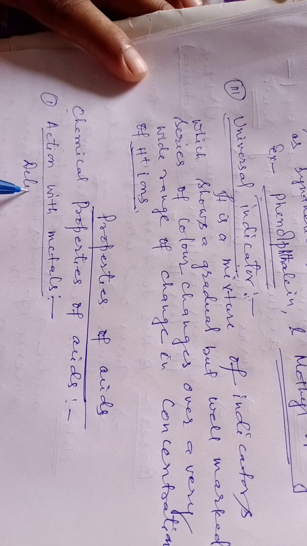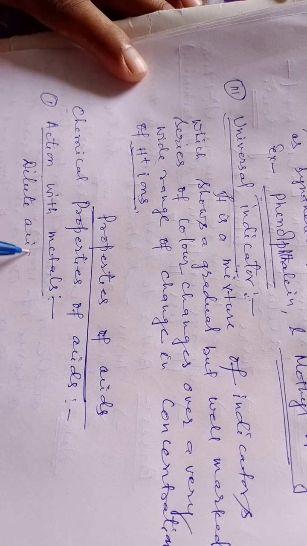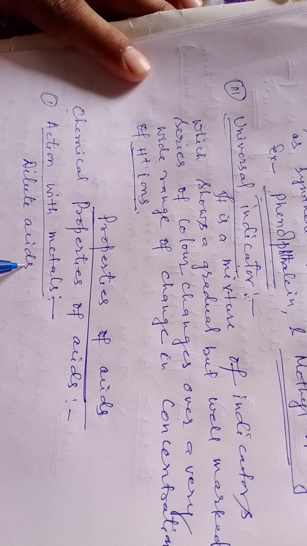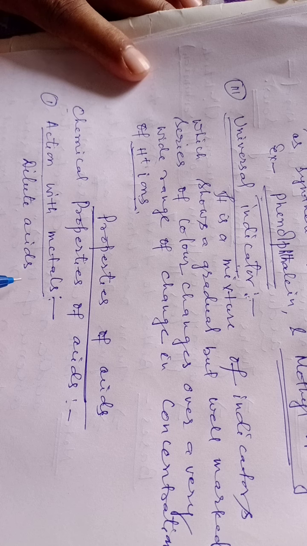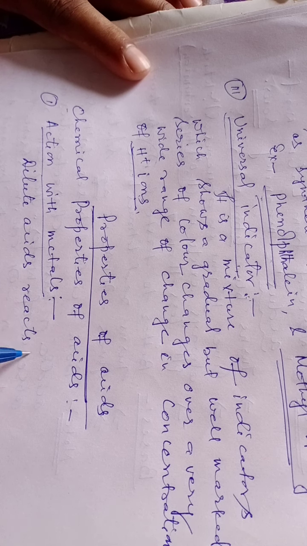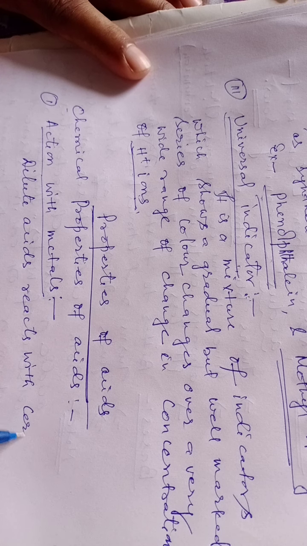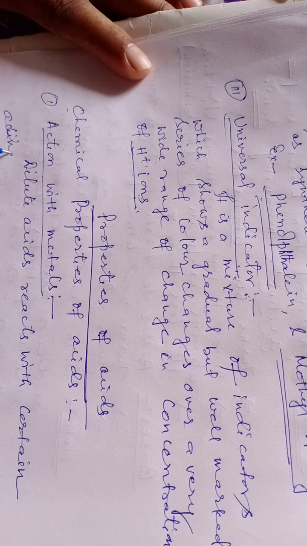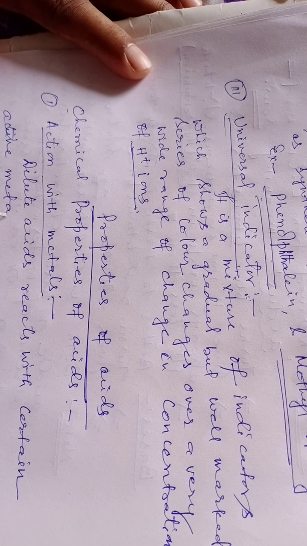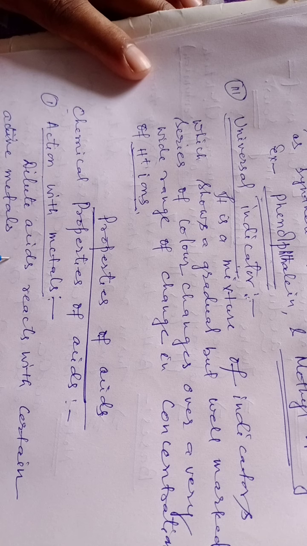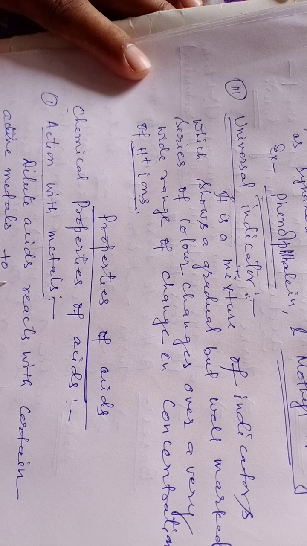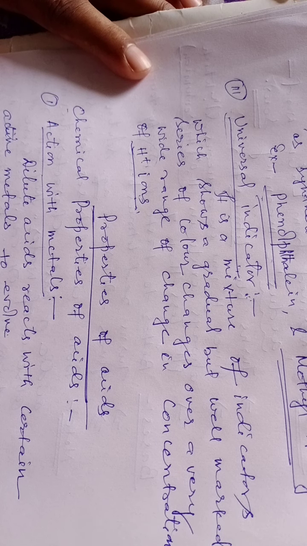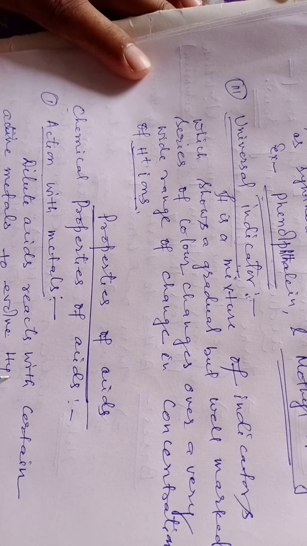Dilute acids react with certain active metals to evolve hydrogen gas.